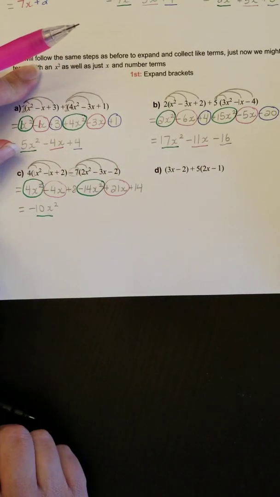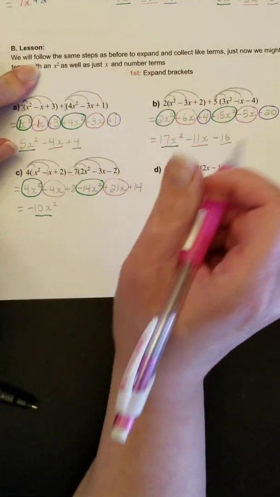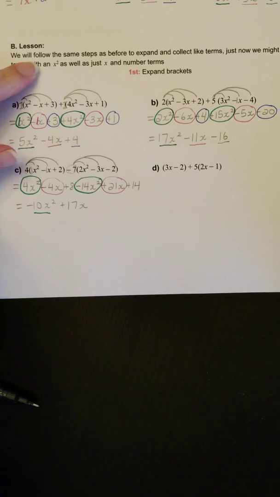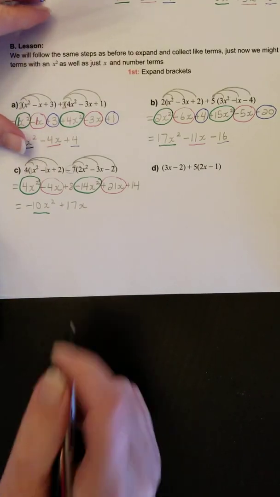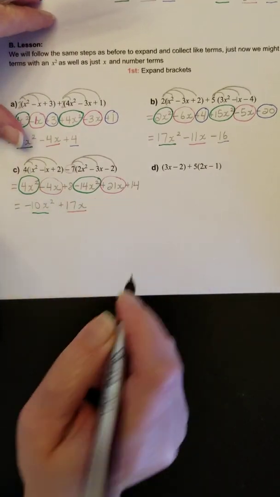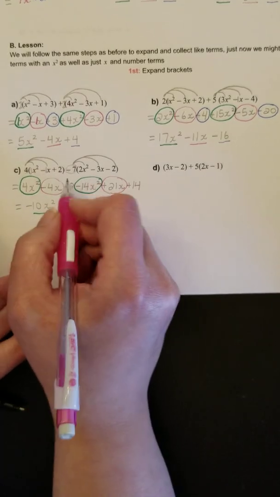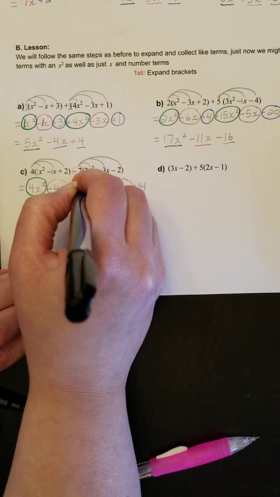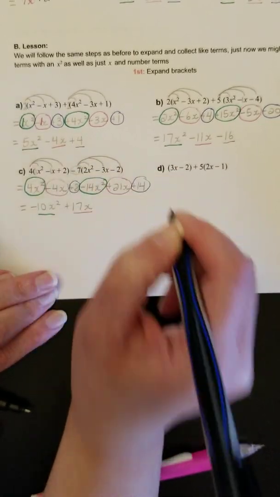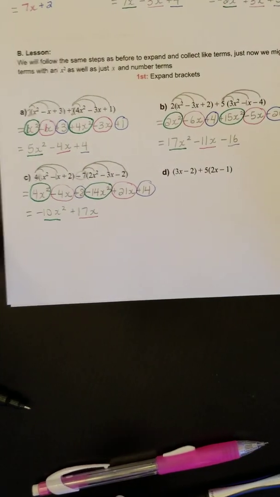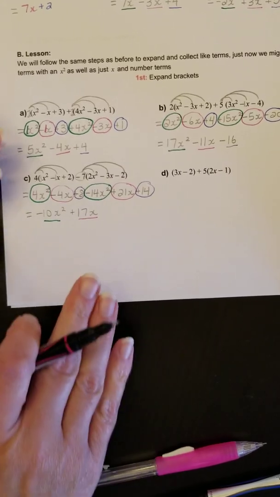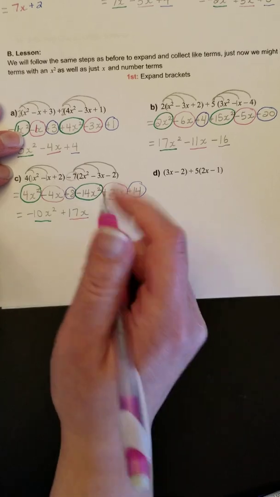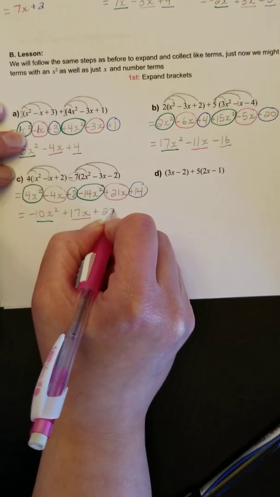So negative 4 plus 21 gives me 17x. And then we've got, change my color, plus 8 and plus 14. If we have positive 8, positive 14, we end up with plus 22.